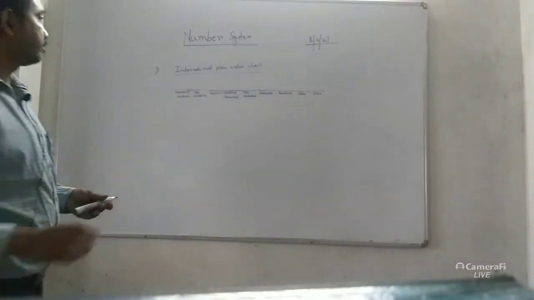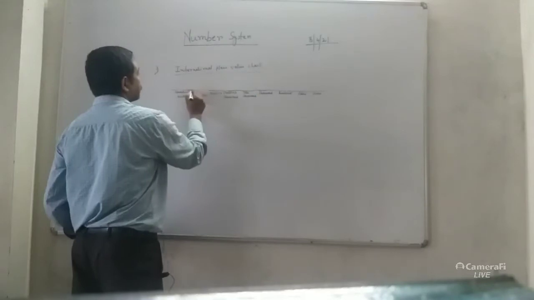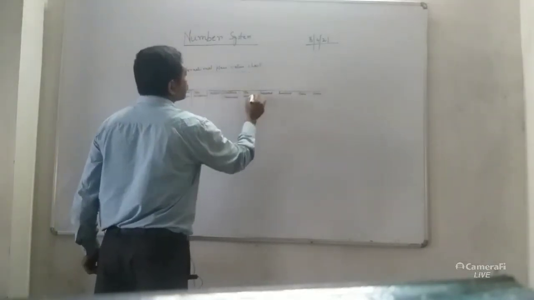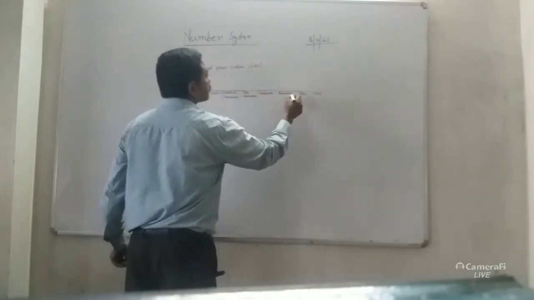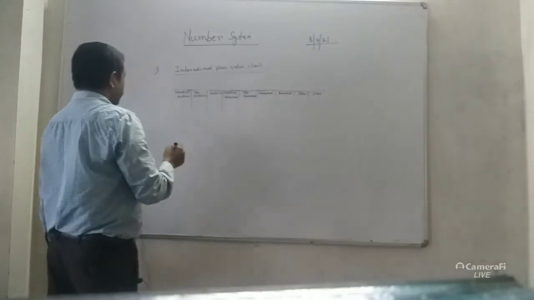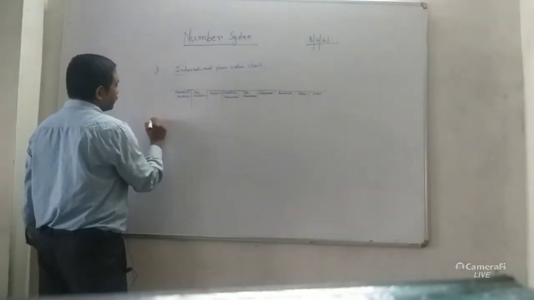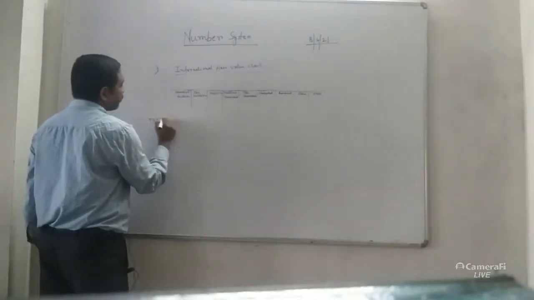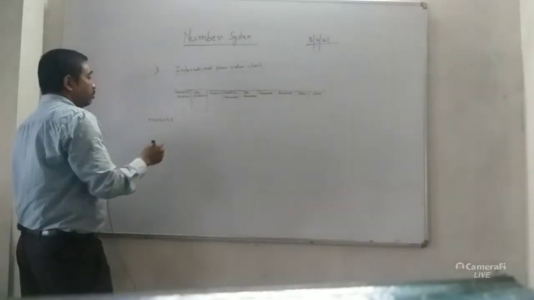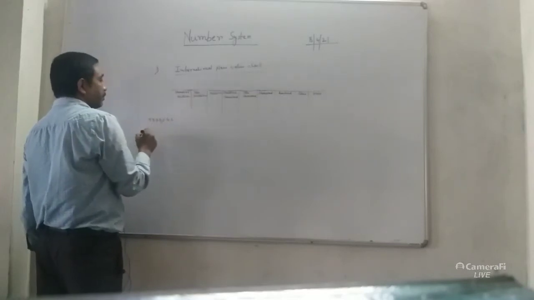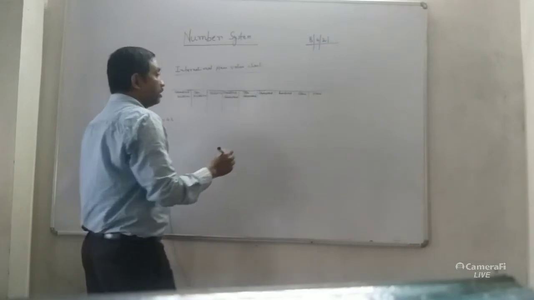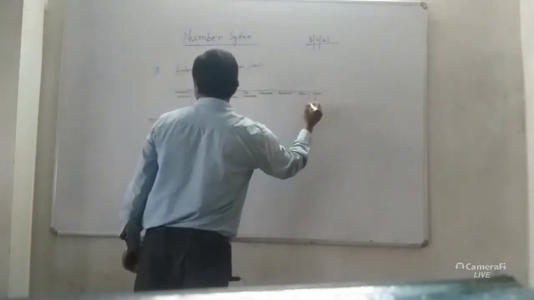Now if a number is given, suppose 9, 7, 3, 8, 5, 4, 6, first you put the commas, separating the periods. Now put it in the place value chart from right to left.